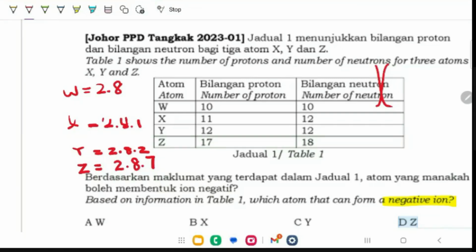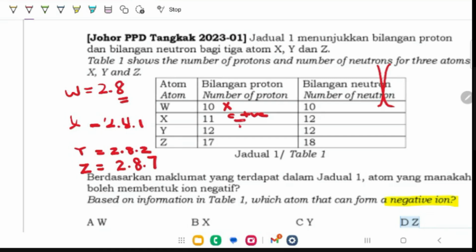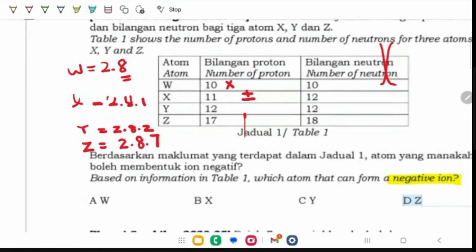So W is not possible because W already achieved the octet, 2.8. X is 281, so it is a metal and forms positive ions, cations. 282 is also positive ions. So the answer is the one forming negative ions, Z.